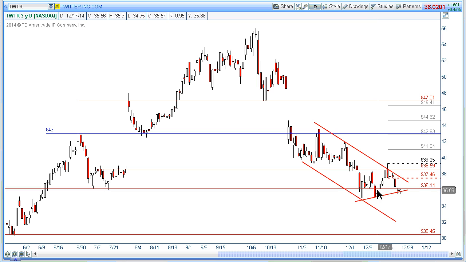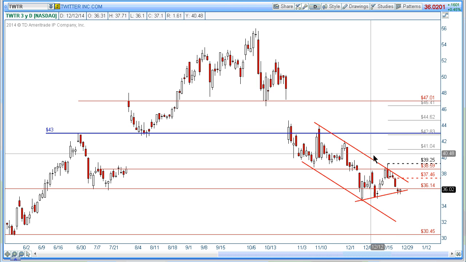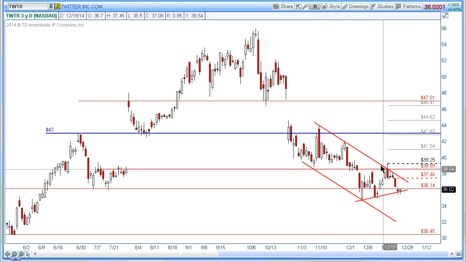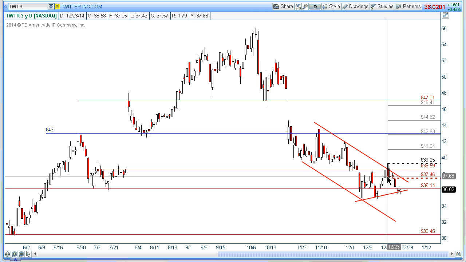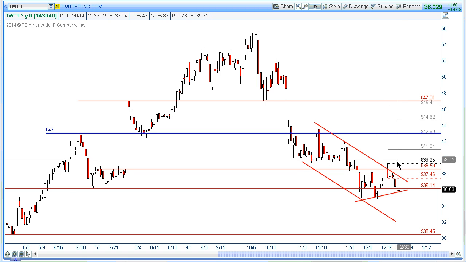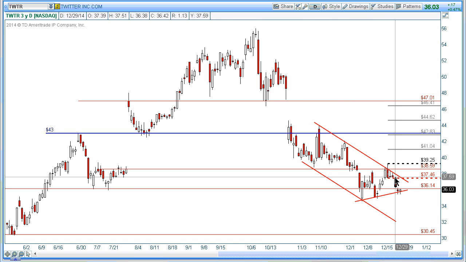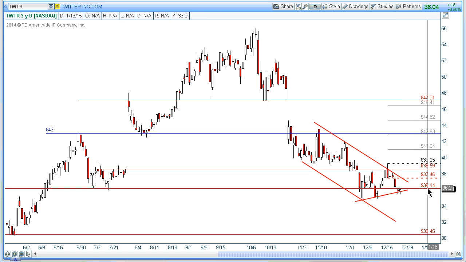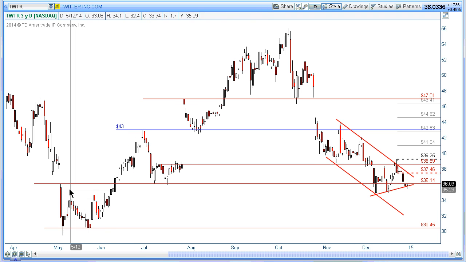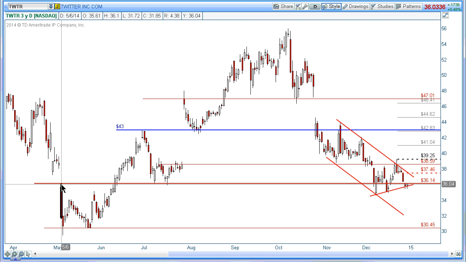We were basically looking for this bounce here and it came up, so you got this little trend line here. Essentially, we're looking for this thing to break this trend line, maybe possibly work itself back up to this 43 level. And as you can see, it broke down, and right now it's retracing, and even broke below this 36.14, which is this particular pivot point that we've been looking at for quite a while.